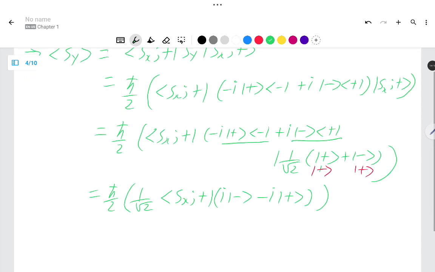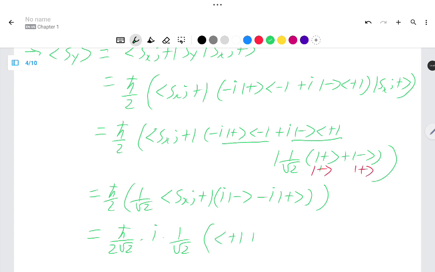Okay, so we can keep the i outside, and there will be again a 1 by square root of 2, but this time we have positive plus negative multiplied with negative minus positive.